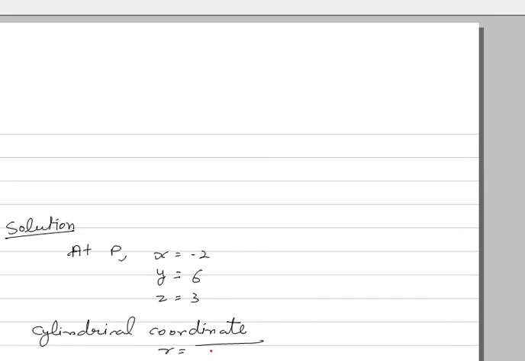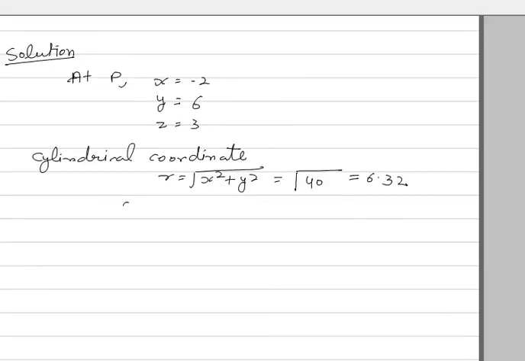Use r equal to square root of x square plus y square. Put the value of x and y and solve this. After solving, you will get the value of r, 6.32. Phi, the value of phi, tan inverse y upon x. For calculation you can use calculator. With the help of calculator, calculate the value and you get the value of this angle is 17.57 degree.